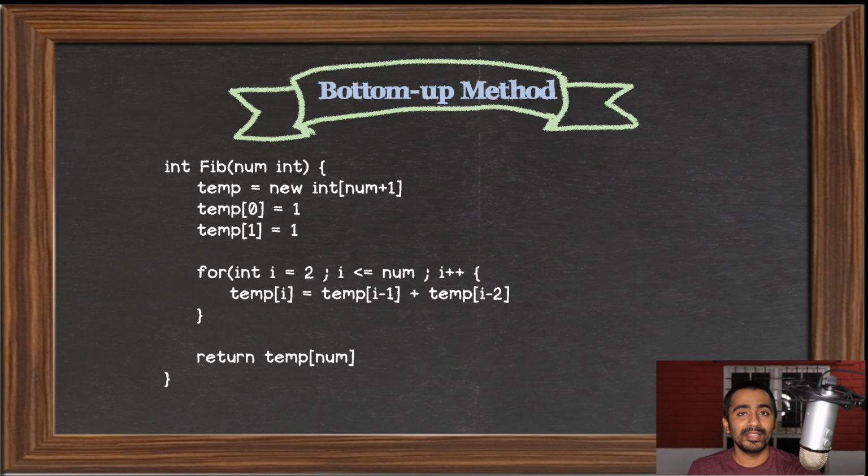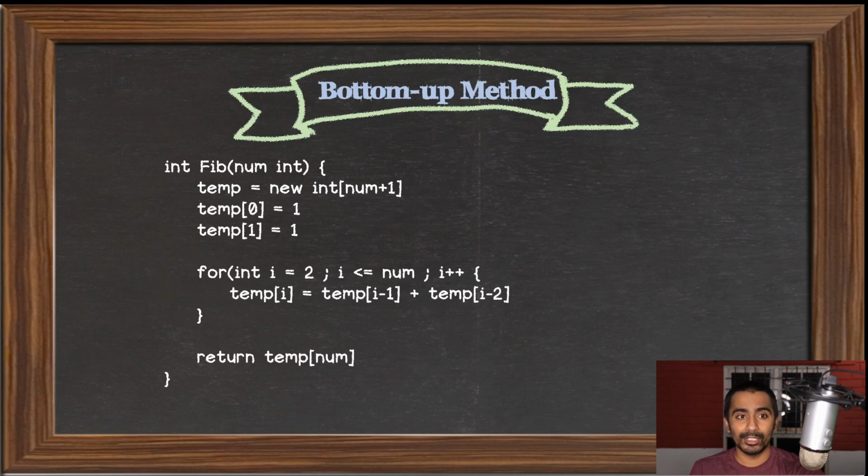But in bottom up method it's different. Here also we store results in some temporary location. Here it's a temporary integer array named temp, but we first calculate results for smaller subproblems directly and store the results in this temp array. And then we calculate results for its immediate bigger problem and use the result we just calculated before.